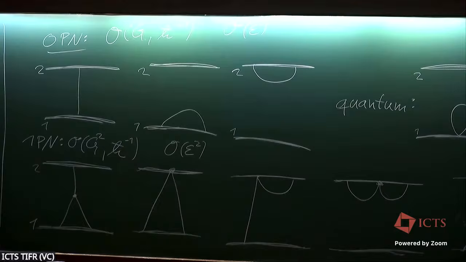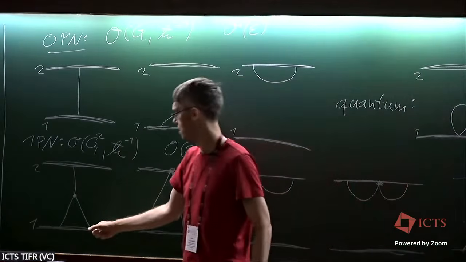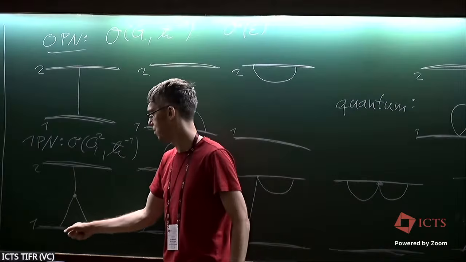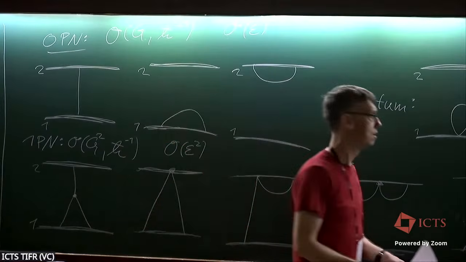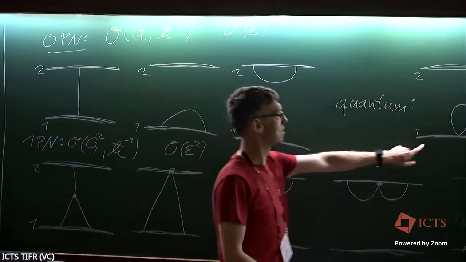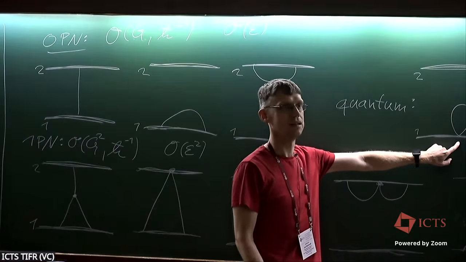I think one of them that I saw was this one here, where basically you take the first diagram, but then connect the two gravitons to the same vertex. So that's very similar to this one here, right?